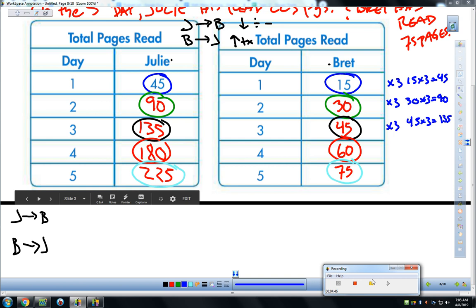I've started here with going from Brett to Julie, and with my numbers getting bigger, the relationship that I found was times 3. 15 times 3 is 45, and 30 times 3 is 90, and 45 times 3 is 135.